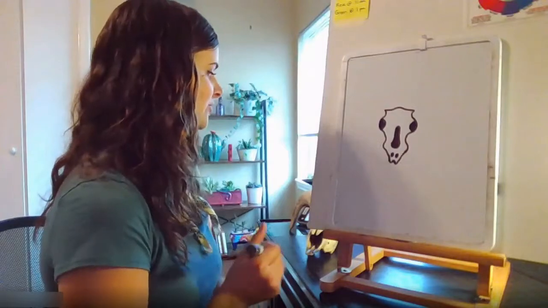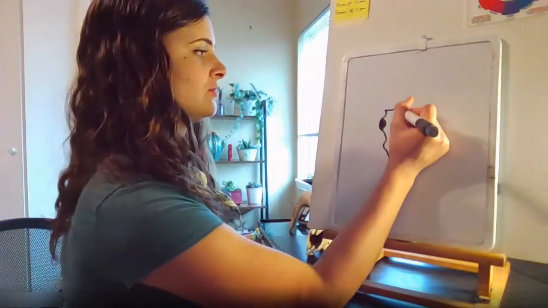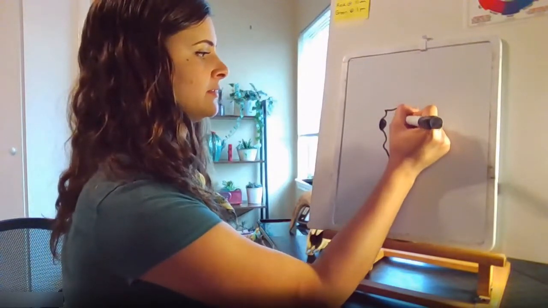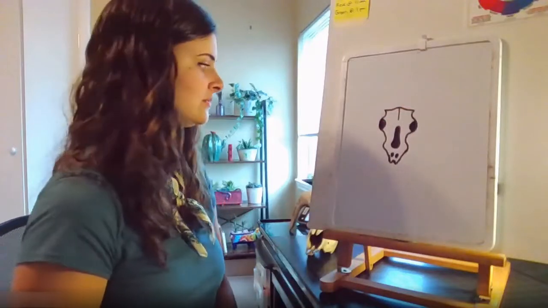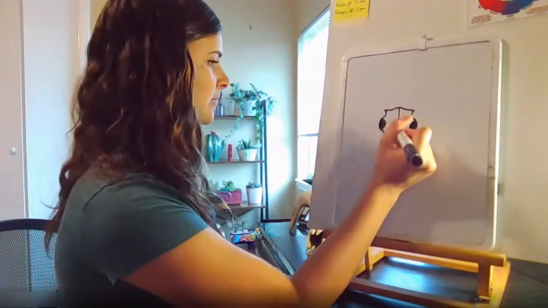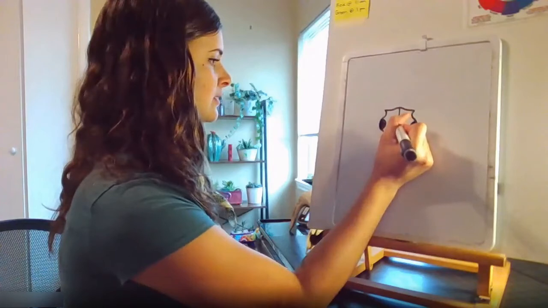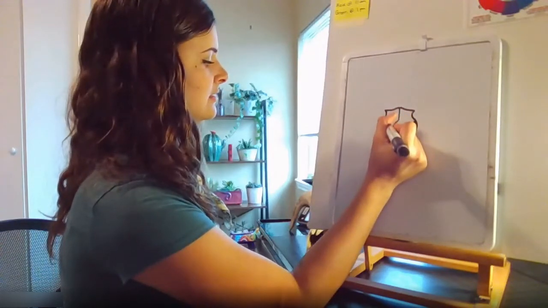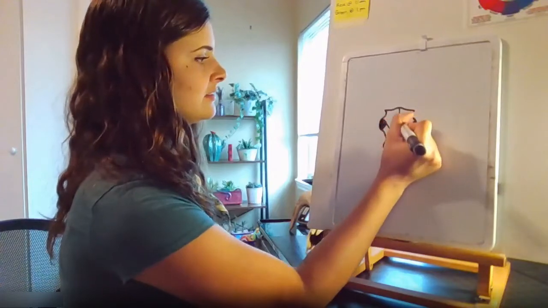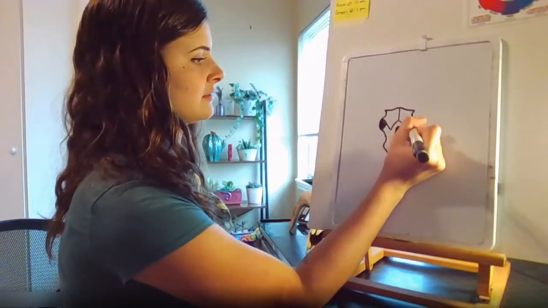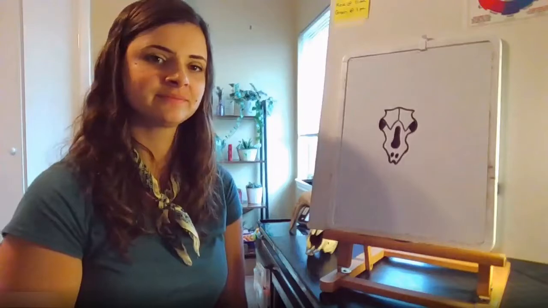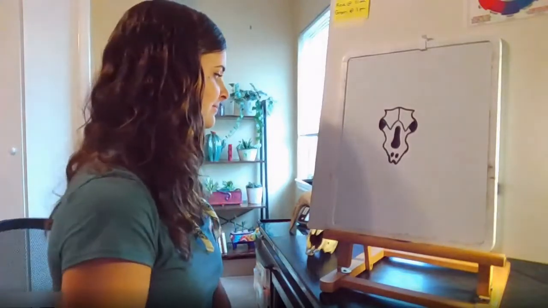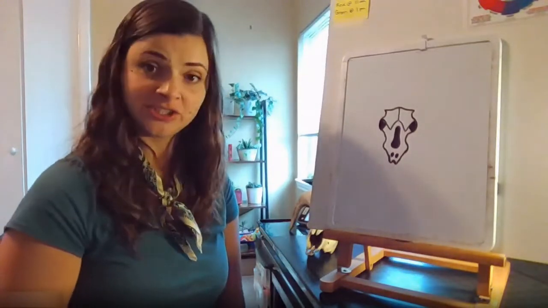After you do the nostrils, we're going to add a straight line coming from the top in the center of our skull. And we're going to connect it with a V starting from the eye socket. Like that. And then we're going to add the cheekbones.